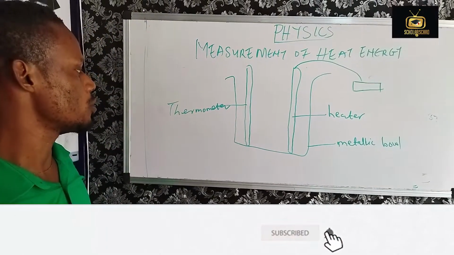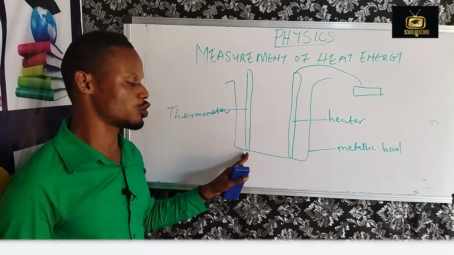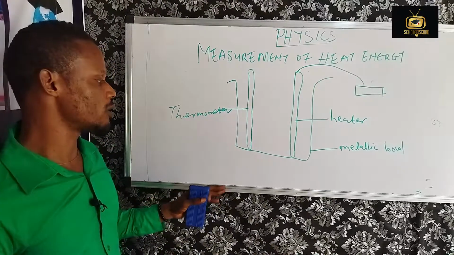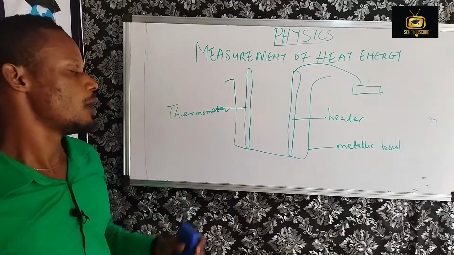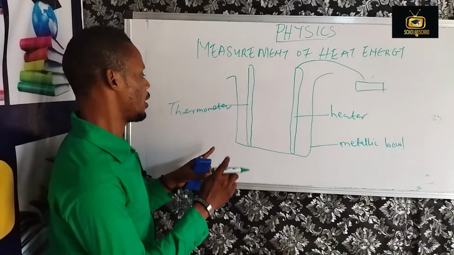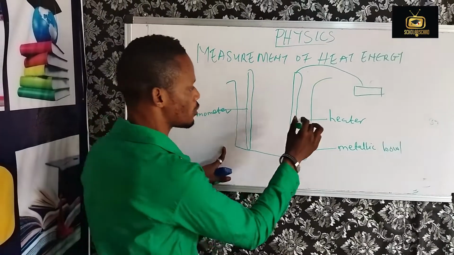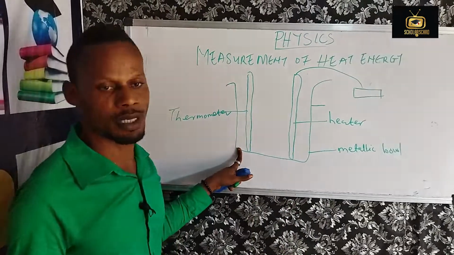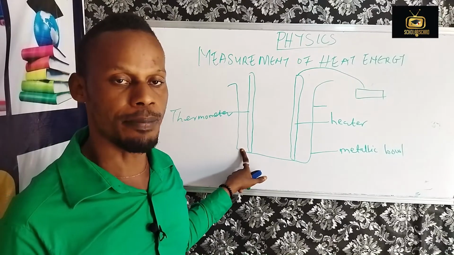Now let us measure the specific heat capacity of this solid. Remember, it is the quantity of heat required to raise the temperature of a unit mass by 1 degree Celsius or 1 Kelvin. Now you measure the mass of the solid metallic bowl in a weighing balance.